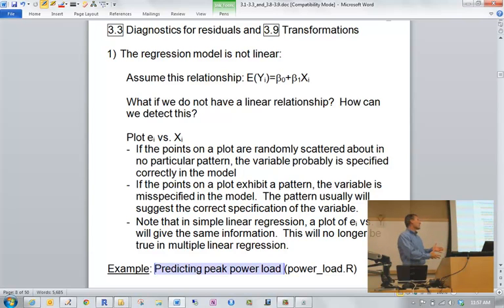I could also say that in addition to having this as my model with an epsilon there, maybe I have an additional term, let's call it eta, that also has a normal distribution. This is what's called a mixed effects model. Where would you discuss that?